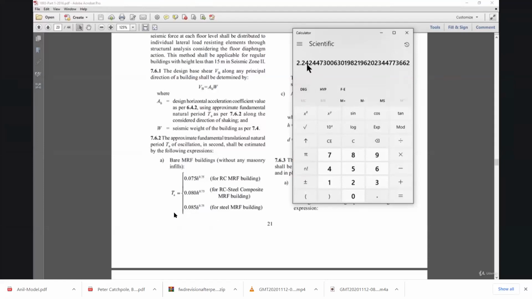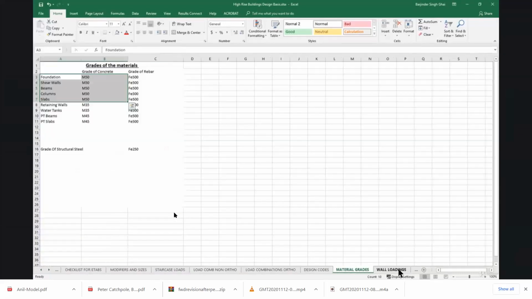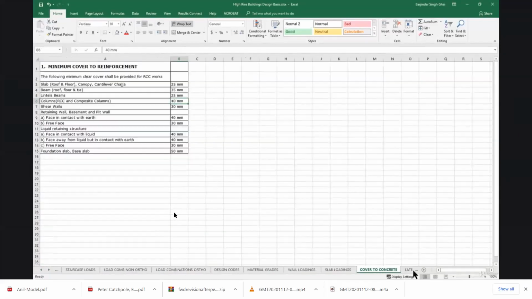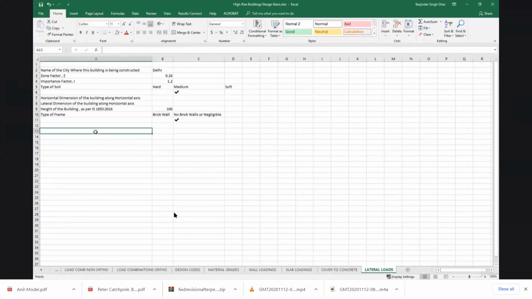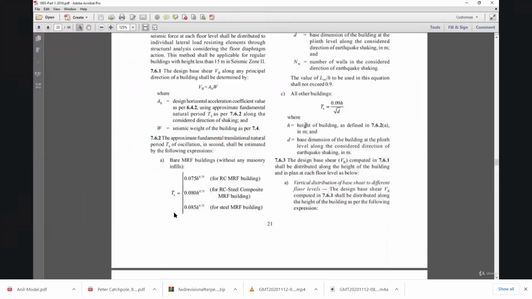So we need to remember this time period, that is 2.242 seconds. We can enter here 2.242 seconds.